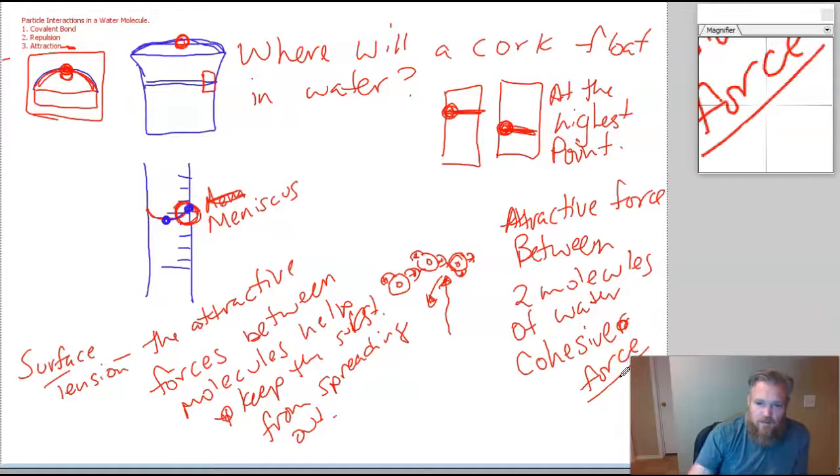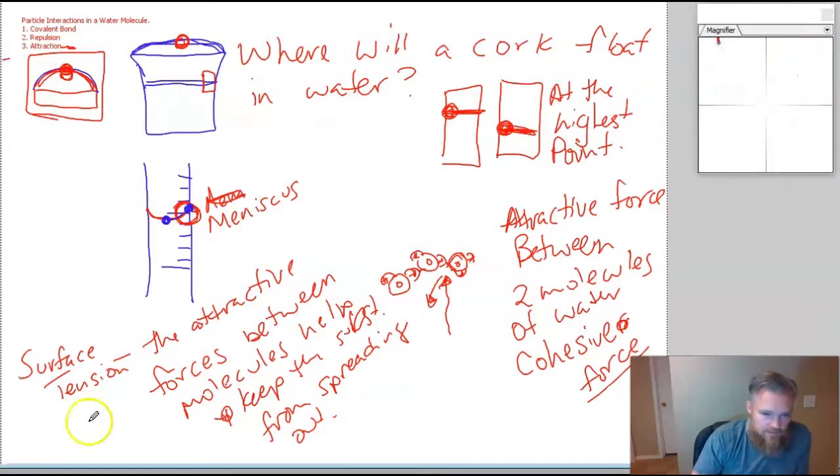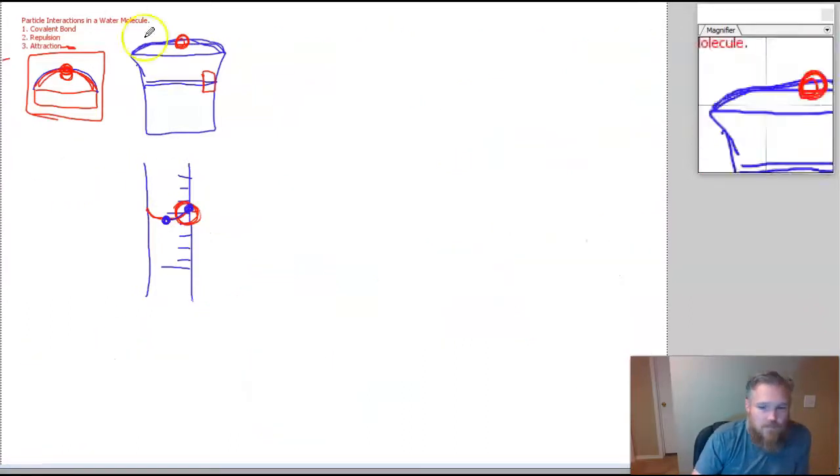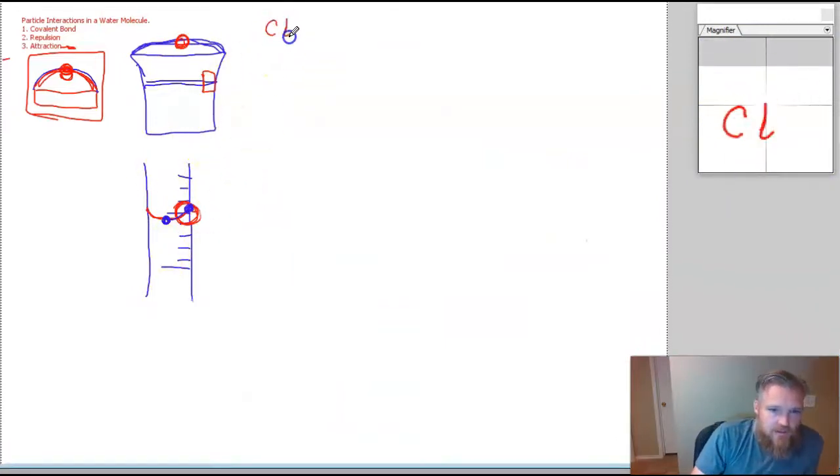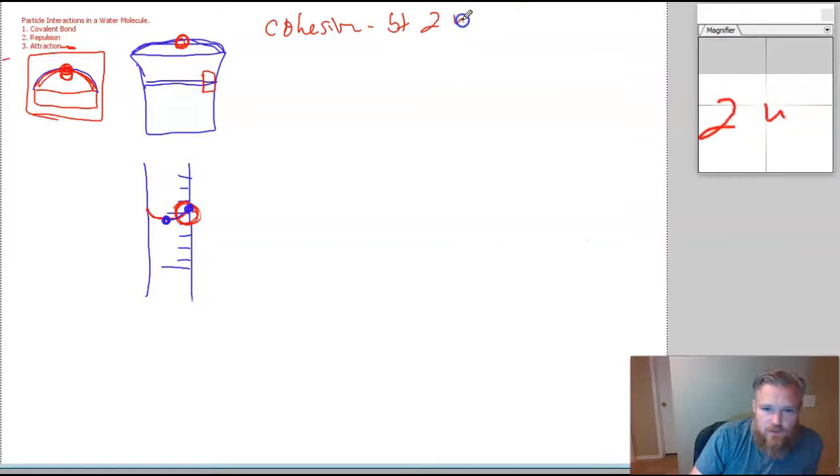Right? So I'm going to pause there for a minute. Okay, so we said cohesion. Cohesion is the attraction between two water molecules, right?